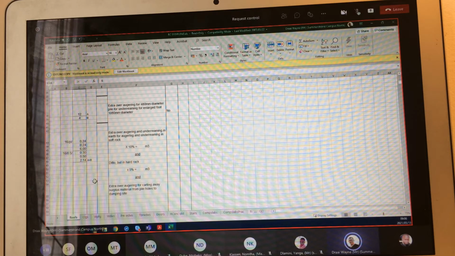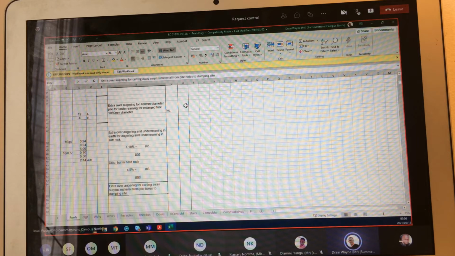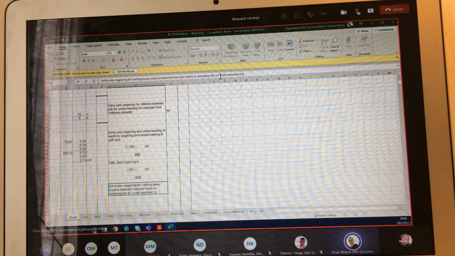And then also extra over augering for carting away the surplus material from the pile holes to a dumping site. And there we did not indicate the distance, or selected by the contractor, but when you do get given the distance, or that the contractor should allow for that him or herself, it's important that we include that in this description here, maybe say to a site selected by the contractor, because we are not sure of what that is.